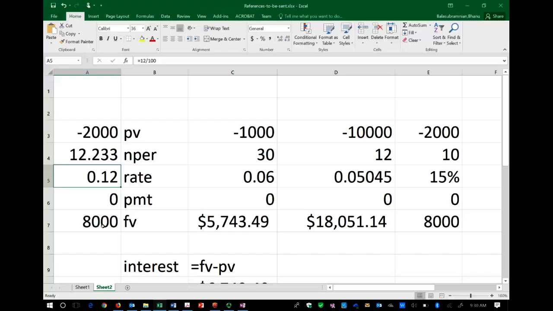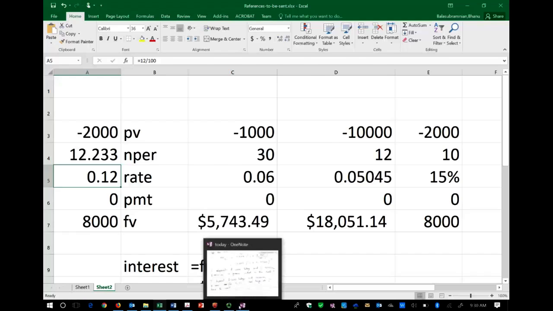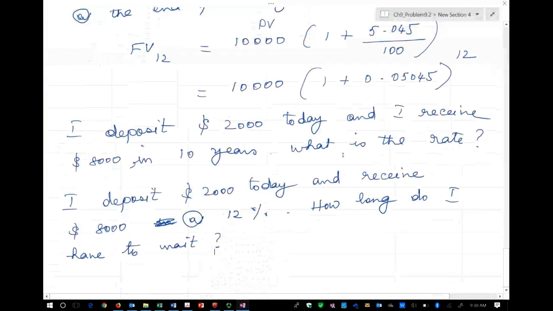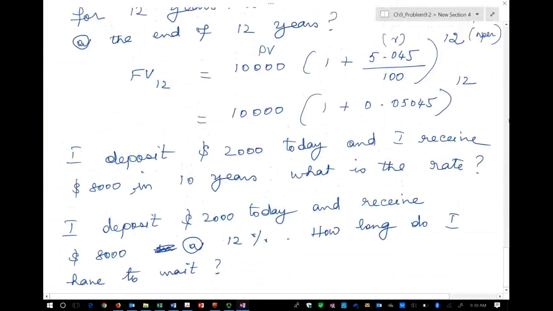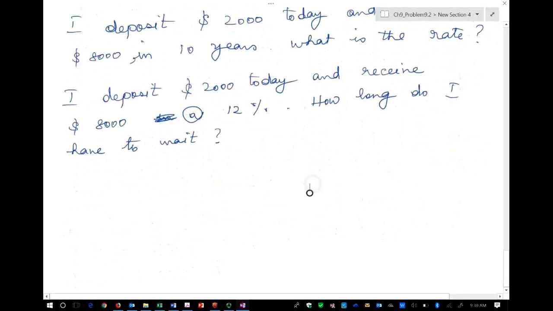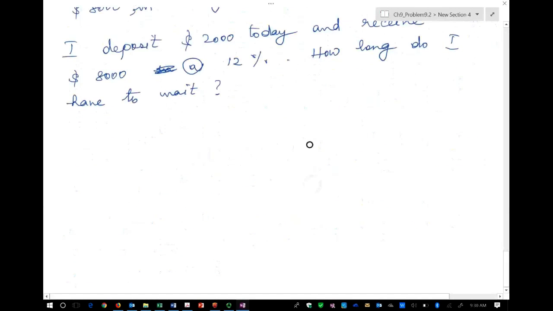This process is what we call compounding, and compounding is very powerful. The power of compounding is so very powerful. Now, let us do one simple thing. So now we use the word compounding and the power of compounding.